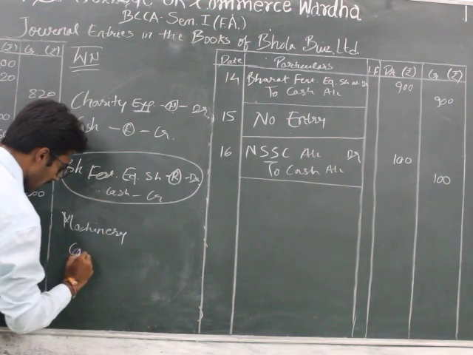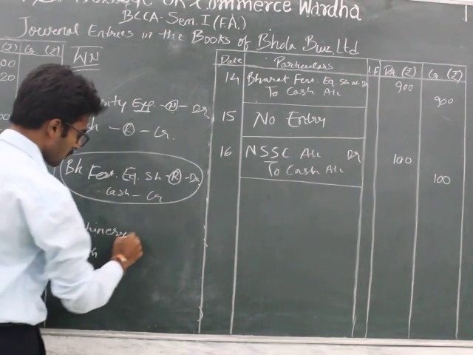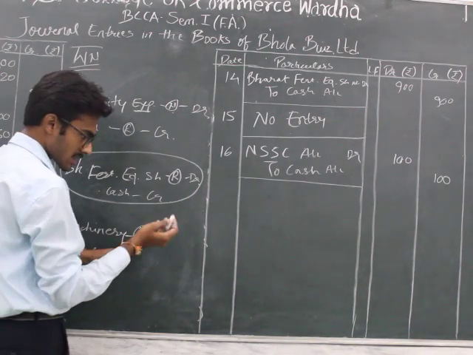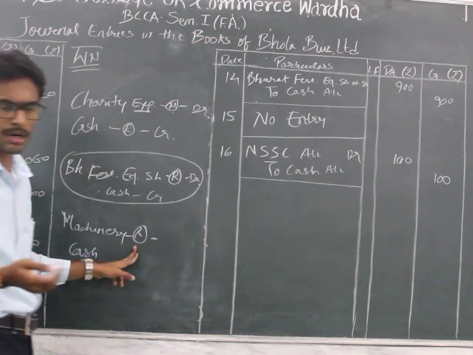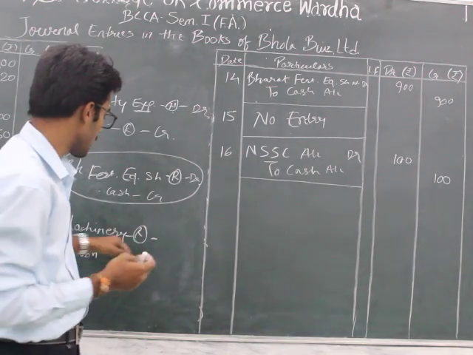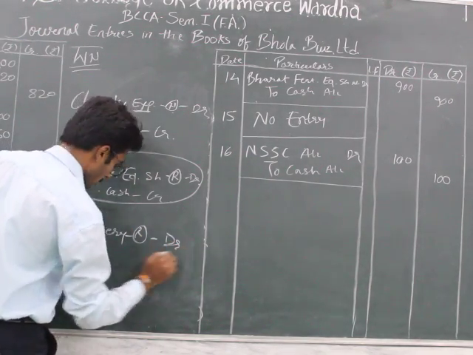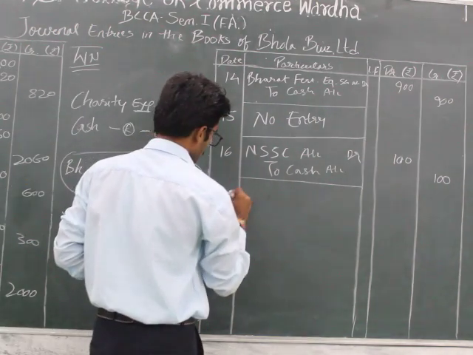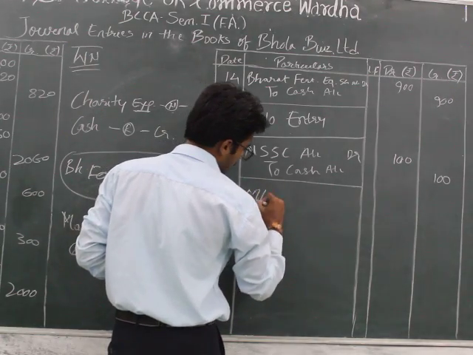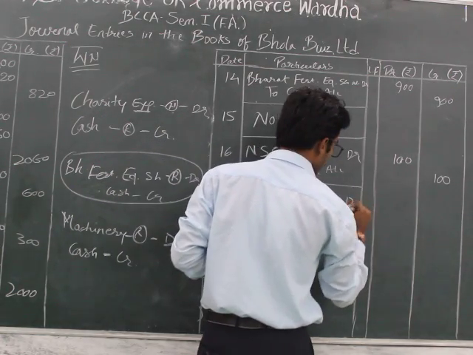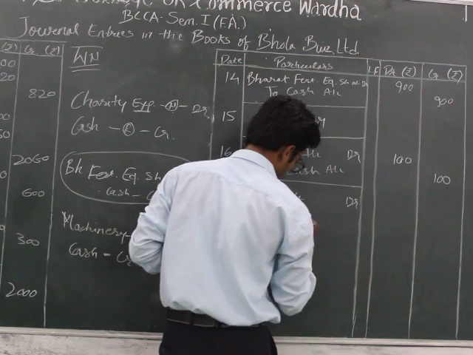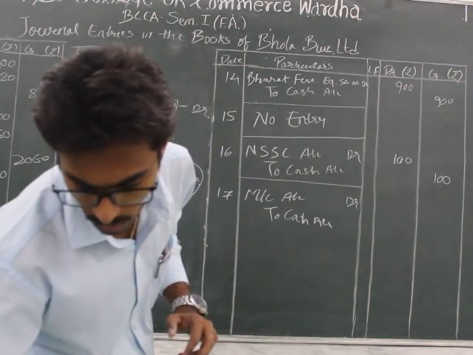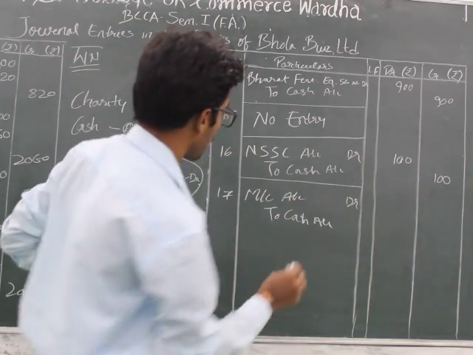Paying cash means cash. Two aspects, machinery is a real account. Machinery is not actually coming in, but we are paying cash for machinery. That's why it will be debited and cash will be credited because cash is going out. So machinery account will be debited to cash account. Amount will be 200.